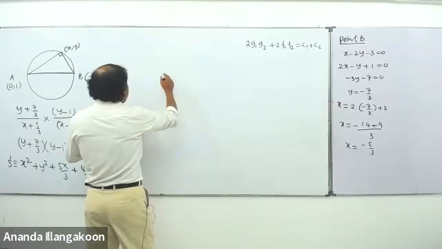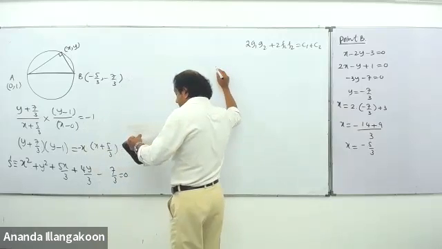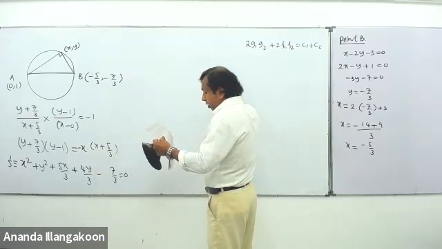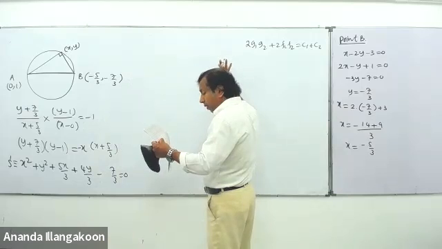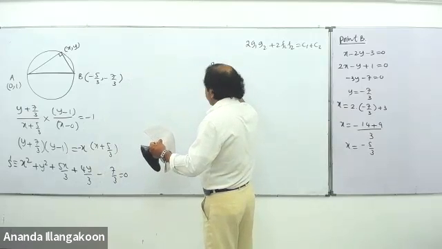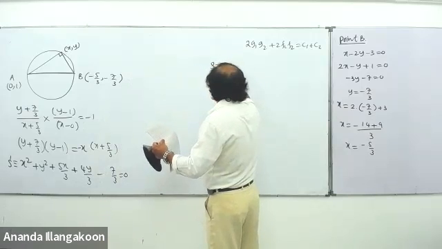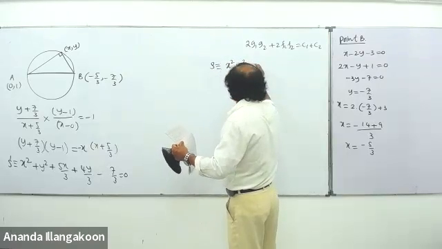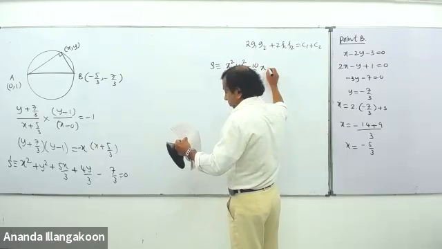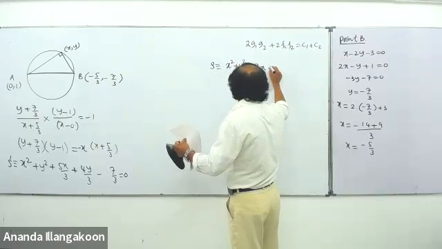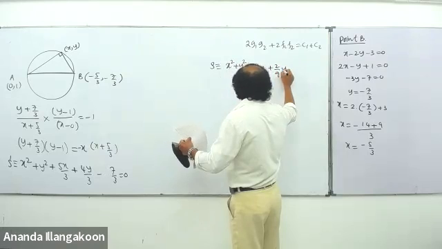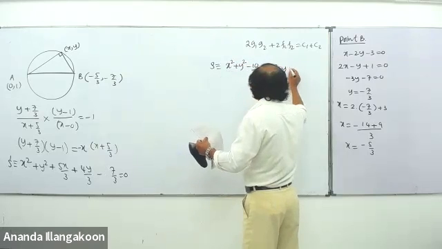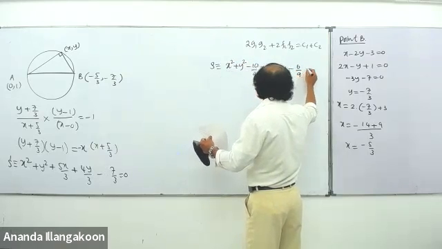Yes, S equation we have this, no? 9x squared, 9y squared, something like that. Divide by 9 and take the equation of S, because we need the standard form, x squared plus y squared. Minus 10 by 9 x plus 2 by 9 y minus 6 by 9 equals 0.